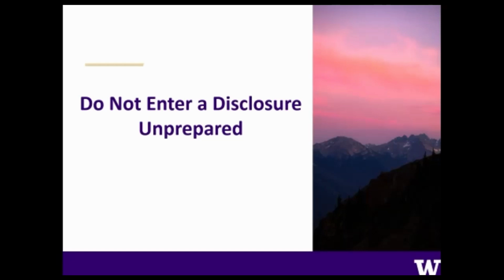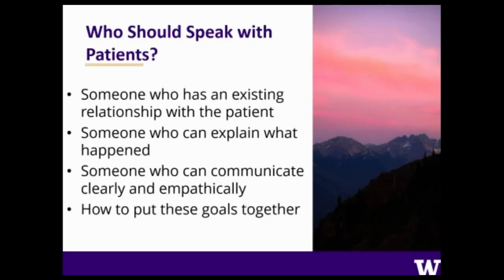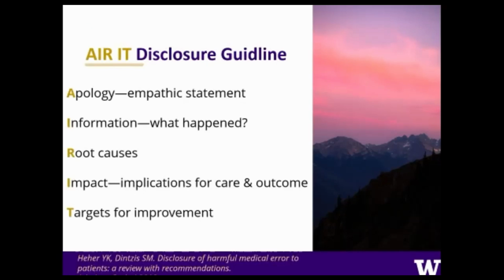You've compounded your error by disclosing the wrong thing. So take a breath and do the root cause analysis. Who should speak with patients? Someone who has an existing relationship, someone who can explain what happened, someone who can communicate clearly and empathetically, and how do we put all this together?